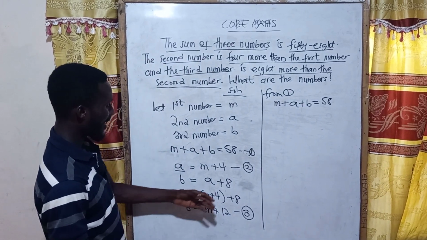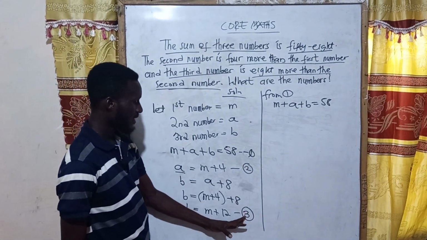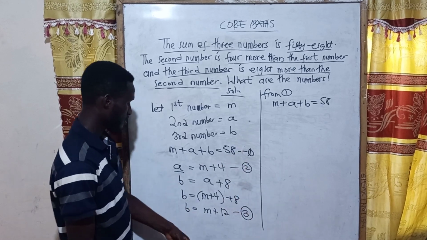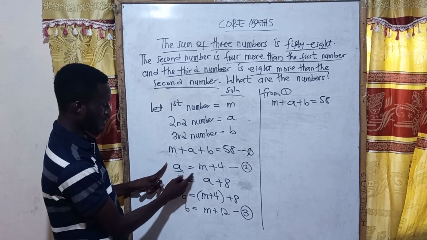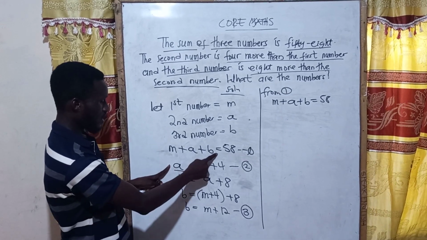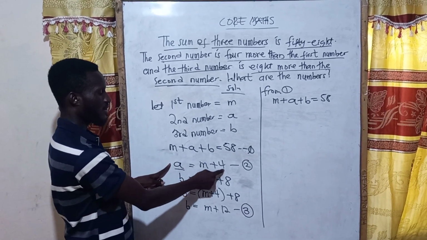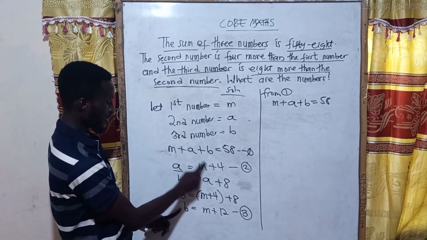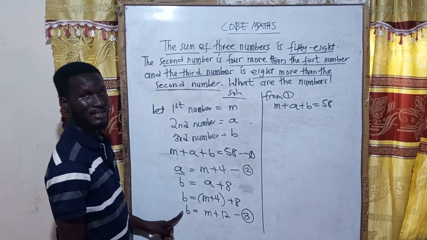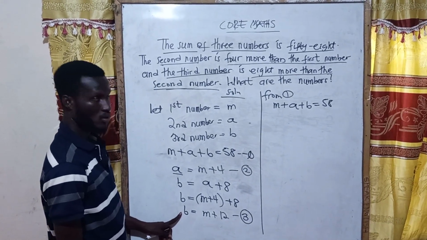So I can put equation 2 and equation 3 into equation 1. What does it mean? It means that wherever I see A in equation 1, I'm going to put M plus 4 there. Wherever I see B in equation 1, I'm going to put M plus 12 there.